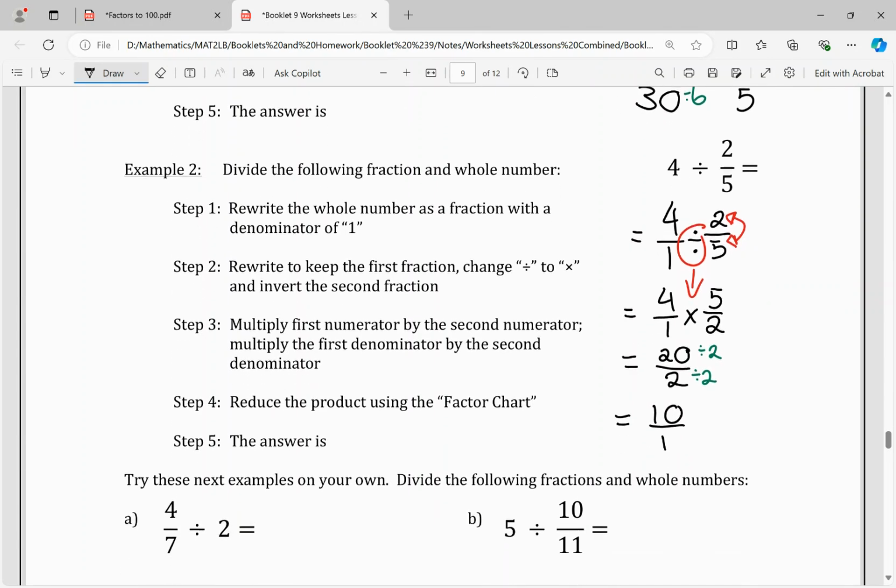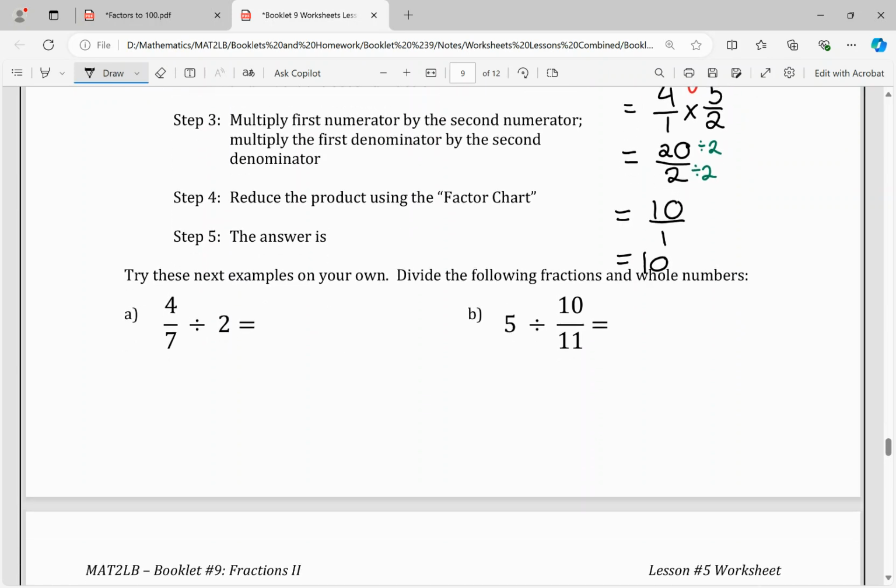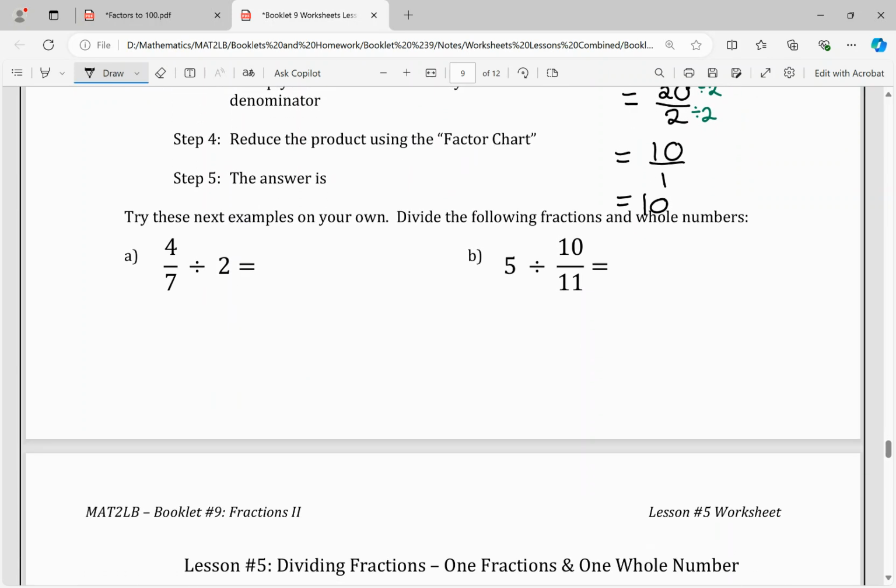Now remember, when a fraction is over 1, you can rewrite it without the denominator. So we can just rewrite this as 10, and that's our final answer. Take a couple of minutes, try these next two examples, and then compare your answers with mine.